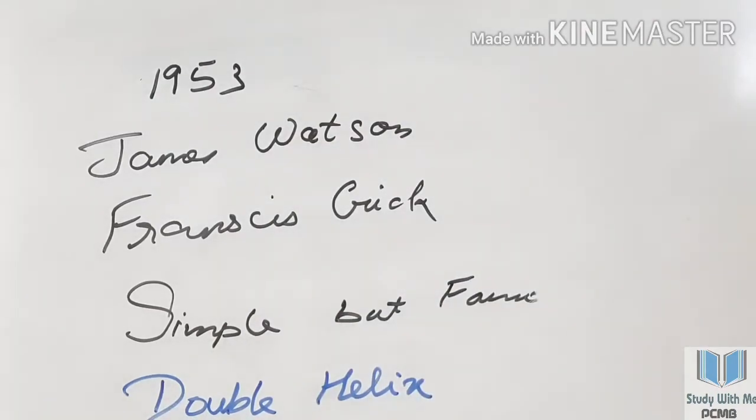Then after that, we will study what the hallmarks are. One of the hallmarks was the base pairing between two strands of polynucleotide chain. Watson and Crick's double helix model hallmark was base pairing between two strands of polynucleotide chain.